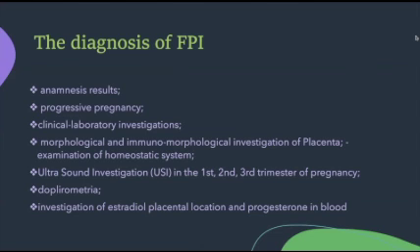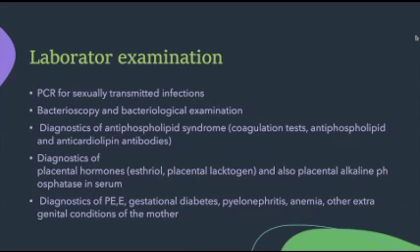So, clinical laboratory investigations. For laboratory examinations, first of all, we have to check PCR for sexually transmitted infections. Also, bacterioscopy and bacteriological examination must be done. For diagnostics of antiphospholipid syndrome, a coagulation test and antiphospholipid and anticardiolipin antibodies must be checked.